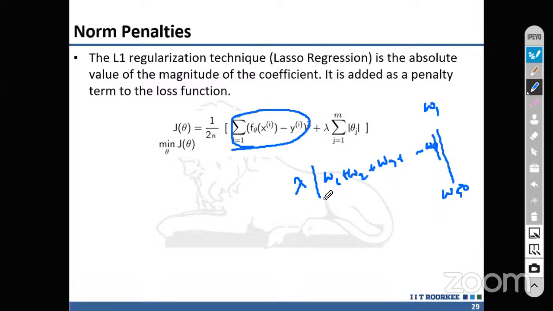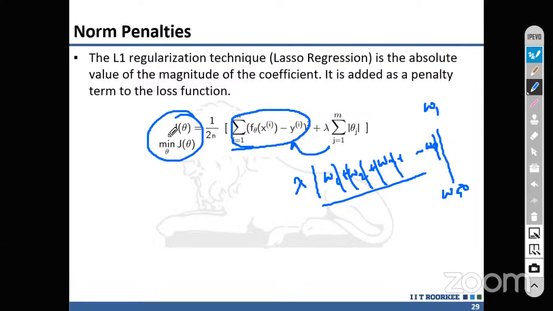So we are adding all these weights, and this summation is also considered part of the total loss. We got some error, and we include the total weights in this loss function.